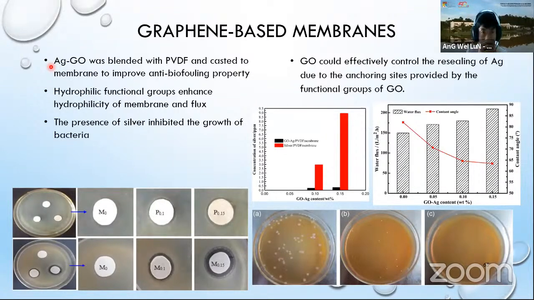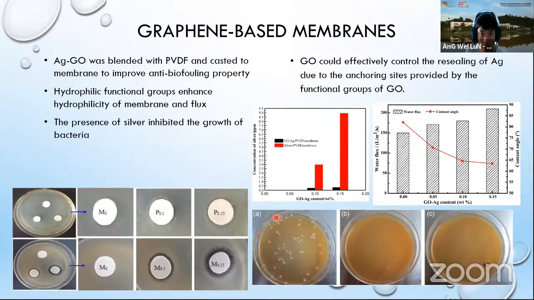When it is agglomerating, it means less surface area is exposed, and the antimicrobial property will be compromised. In this case, graphene oxide is acting as a dispersant agent. So graphene oxide binds the silver nanoparticles on top of it, so that the nanoparticles will be better dispersed in the membrane synthesis.